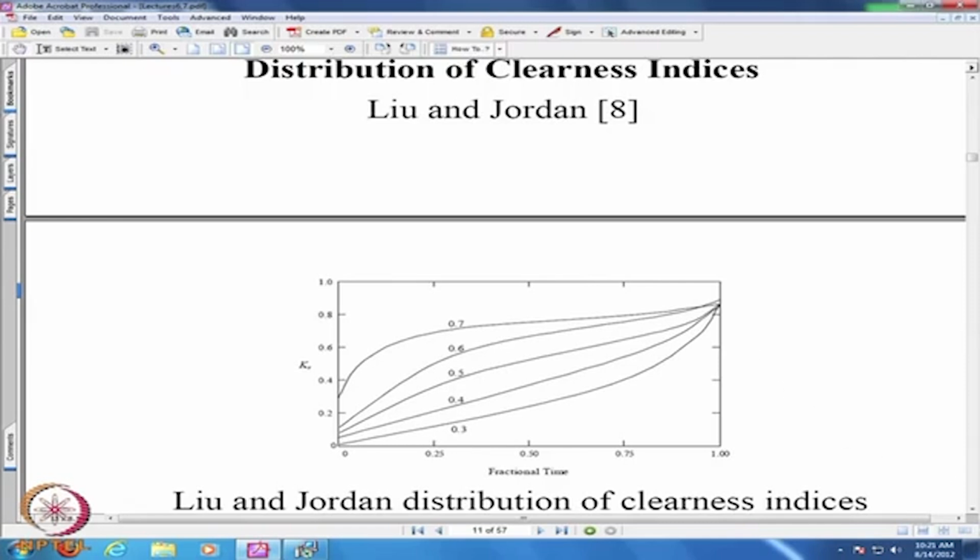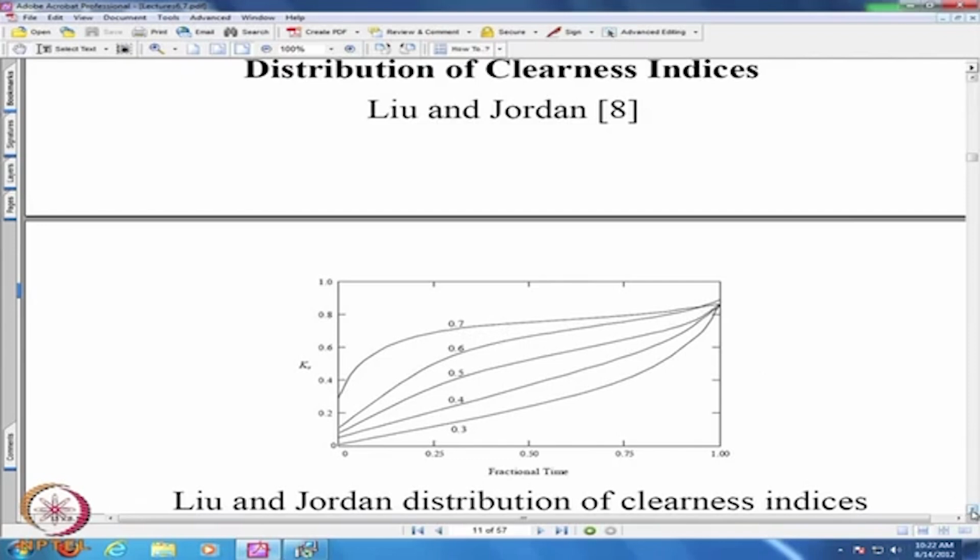If the marks of the students in a class are known, how many people got below 10%, 20%, 30%, that becomes the cumulative frequency f. 100% of them will get less than the highest mark. So, fractional time will vary between 0 to 1, and the clearness index of course varies maximum 0 to 1, and you can see when the average clearness index is very low, lower values are more, and when the average clearness index is high, the higher values are more.